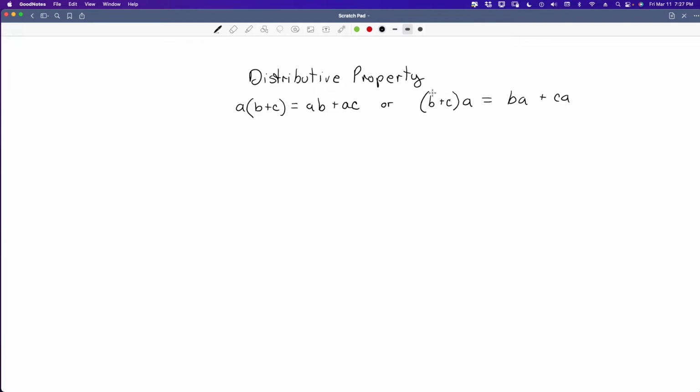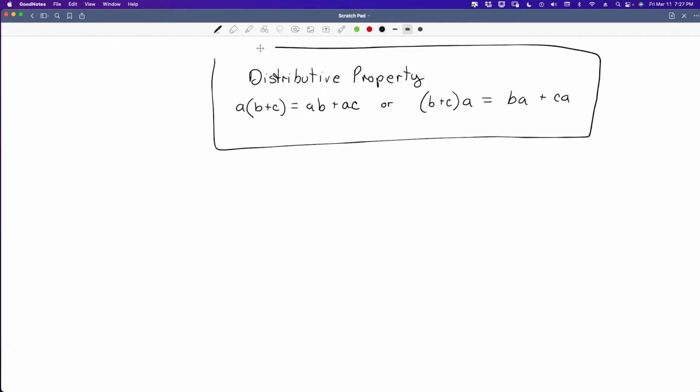Either one means the exact same thing, so don't let it throw you for a loop when you see the factor doing the multiplying behind the parenthesis grouping.